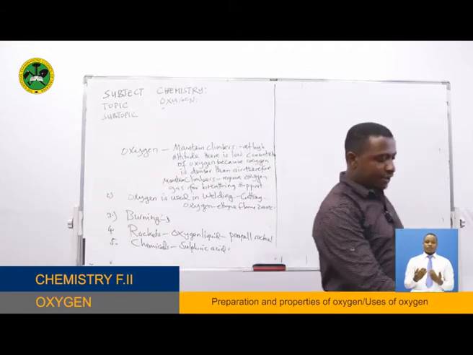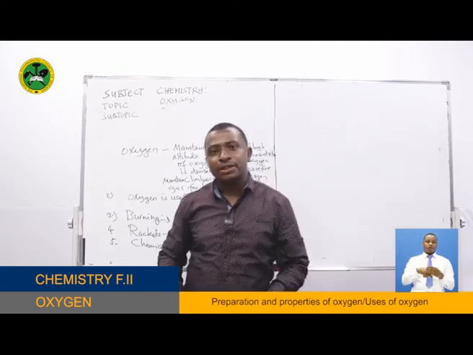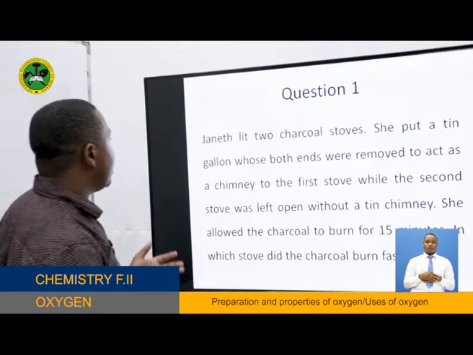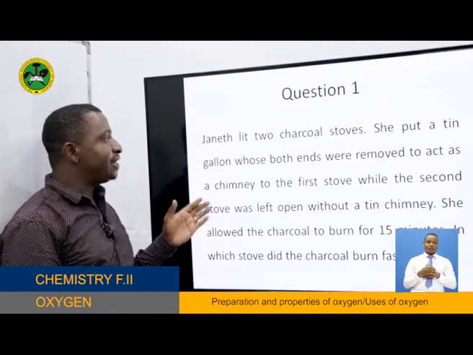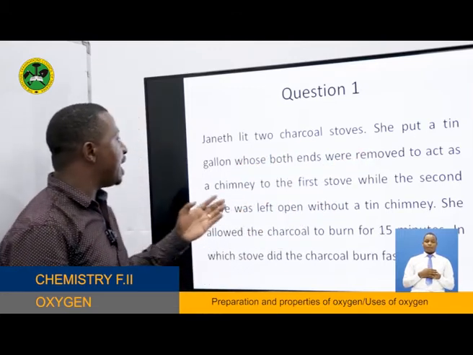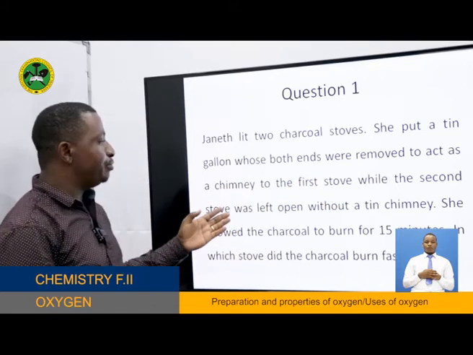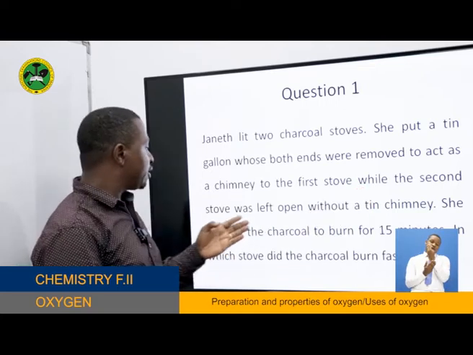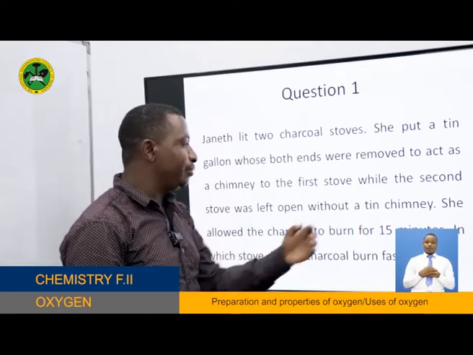Let us now go and see some questions on these two subtopics. Let us see question number 1. Question number 1 says, Janet lit 2 charcoal stoves. She put a tin gallon whose both ends were removed to act as a chimney on the first stove, while the second stove was left open without a tin chimney.